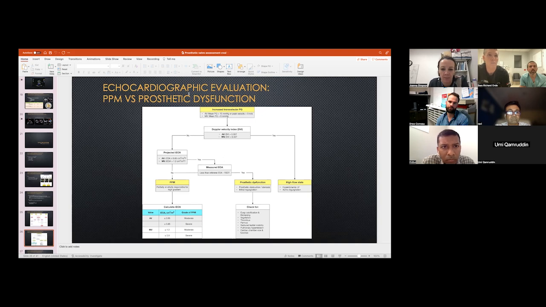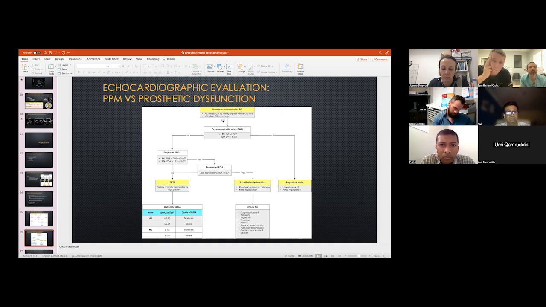So looking for prosthetic dysfunction, you look at a mean gradient. If it's greater than 6 or 15, and obviously that's not in a critically ill patient. For me, if you're tachycardic with a hyperdynamic circulation, greater than 15 millimeters of mercury for the mean pressure gradient for a mitral valve.